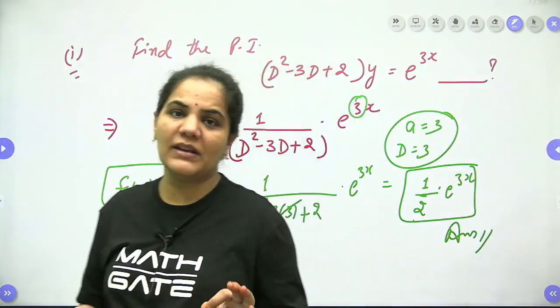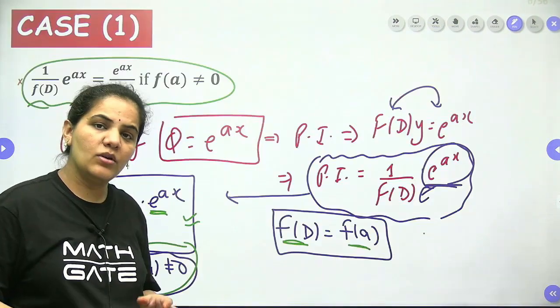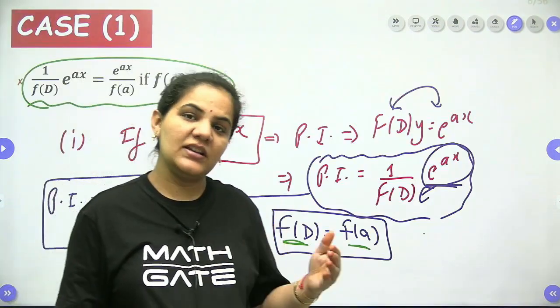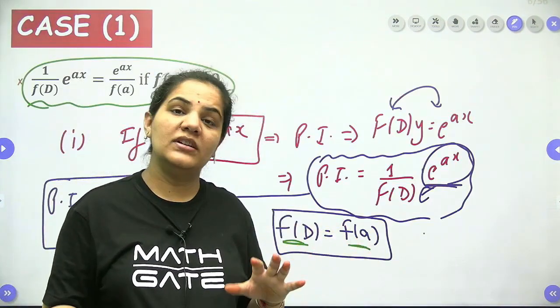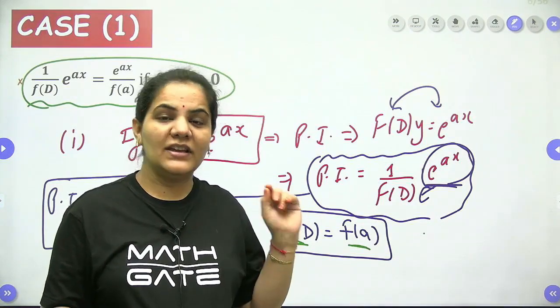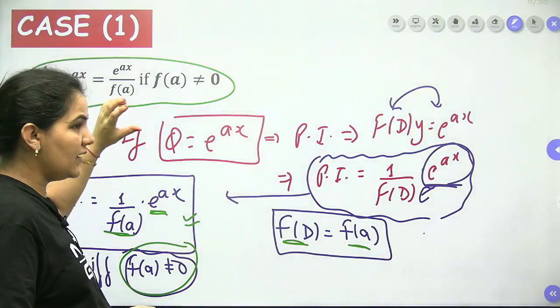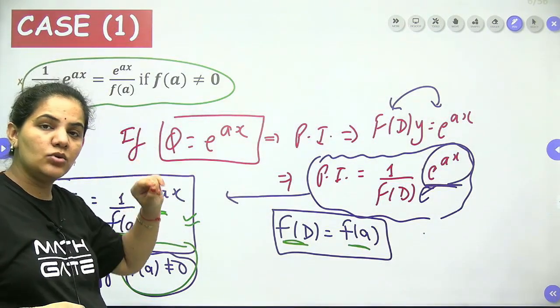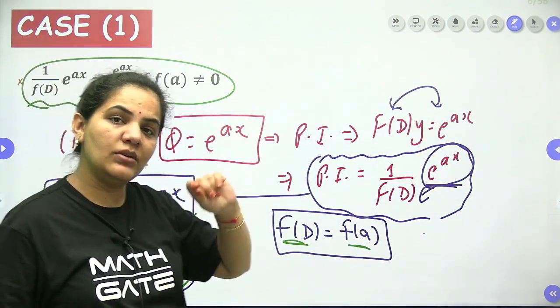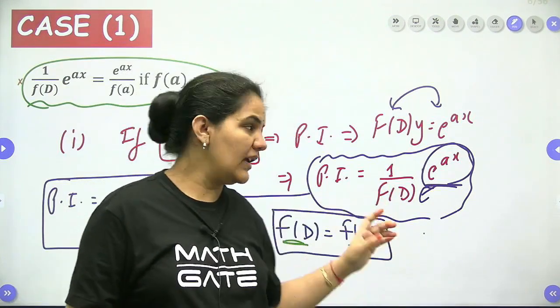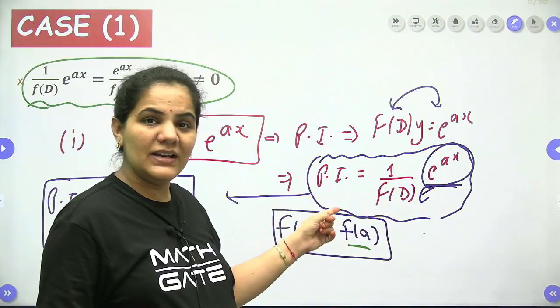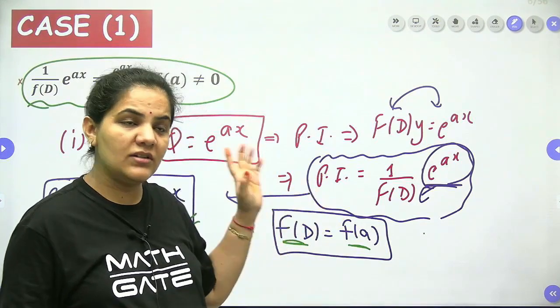I don't think that you have any doubt, dear students, because in the PI exactly the cases are 7, but so many students got confused up to the case number 7, right? So let's have discussion. Case number 1 is simple. When we have Q as e to the power ax, we have to replace D by a only, right? It's possible only when f of a is not equal to 0.